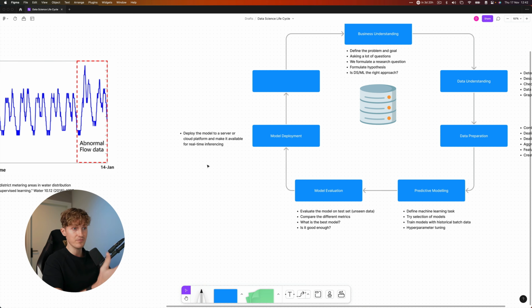Different companies use different names for the roles and responsibilities associated with this step. But this step usually also requires some software engineering skills, network skills, cloud architecture skills. So typically something you work together on.